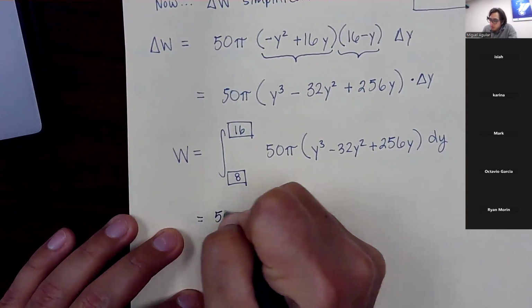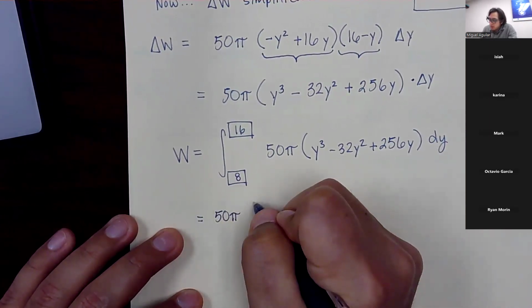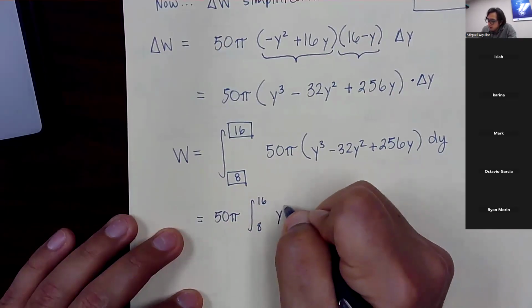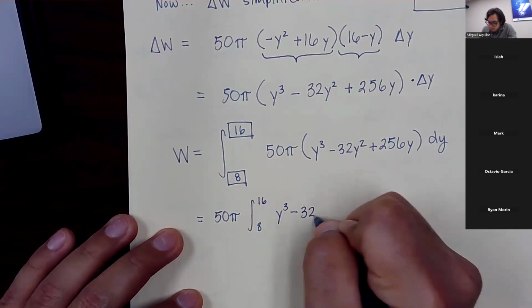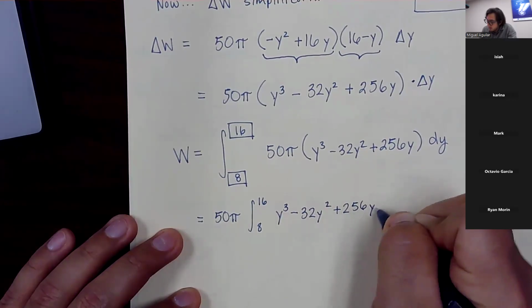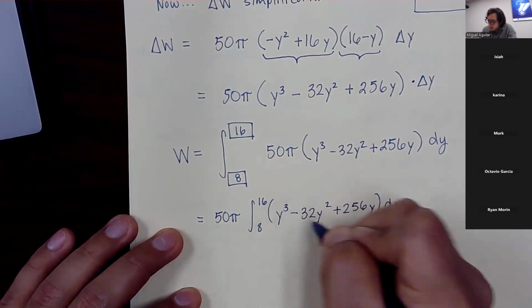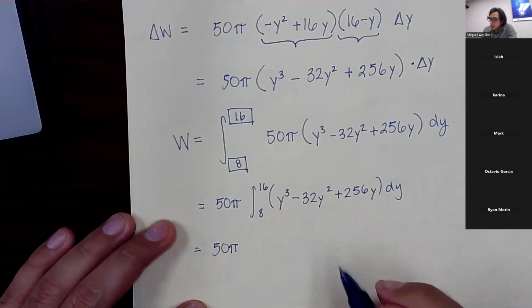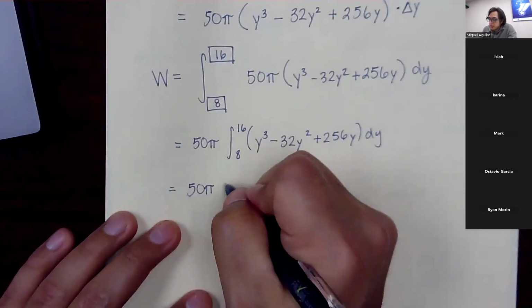I'm going to pull the 50 pi out of the integral, going from 8 to 16. y cubed minus 32y squared plus 256y dy. And then the integration is not too bad, right? It's the algebra that's really killing us here.